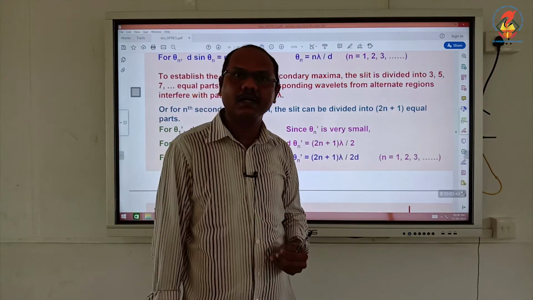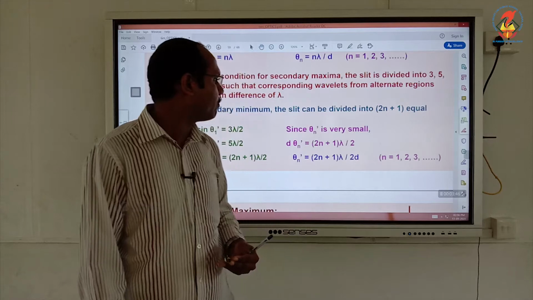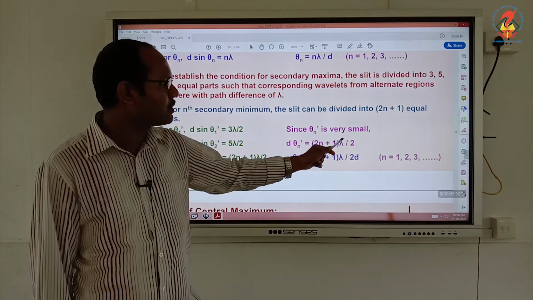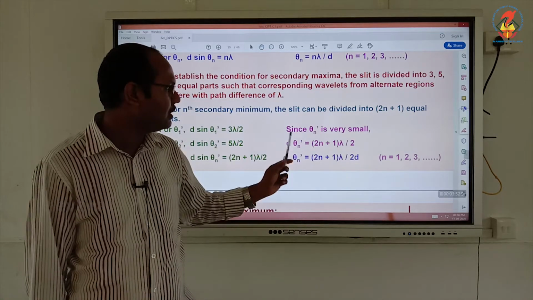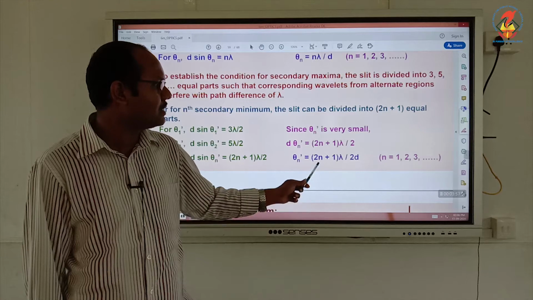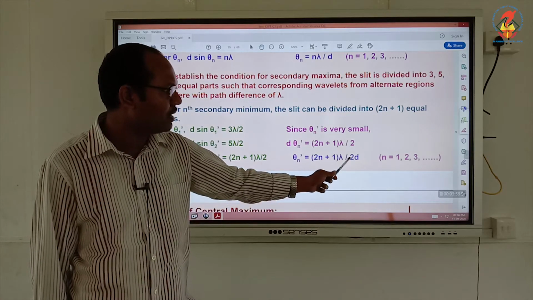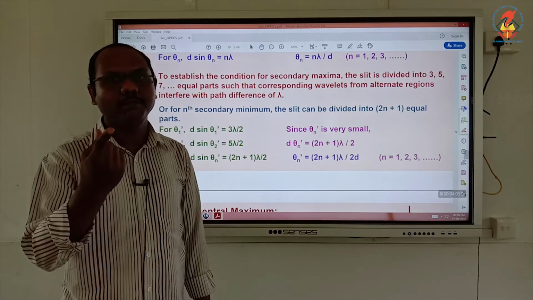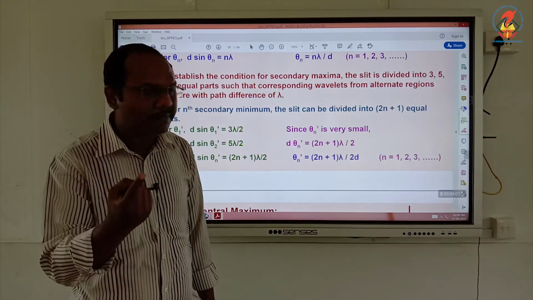Therefore, d theta n is equal to (2n plus 1) lambda by 2. So from there, theta n is equal to (2n plus 1) lambda by 2d. So this is the condition for the bright fringe.